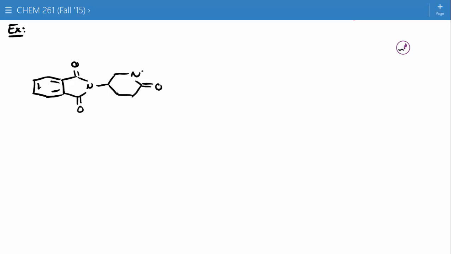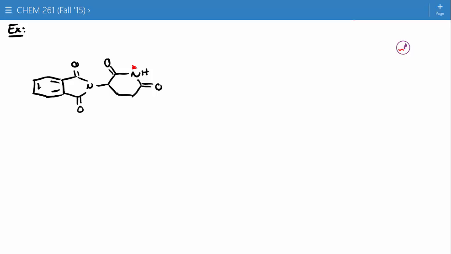So we've got an NH here. Let me clean this up. And then we've got a CO double bond here. Let's identify the stereocenter. So let's quickly mention this one right here.